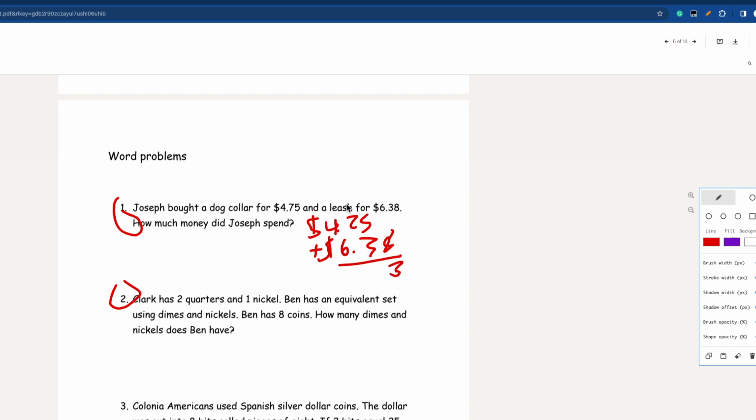So 5, 8, 13, 3, 3, 6, and 10. So how much money did Joseph spend? He spent $10.63.